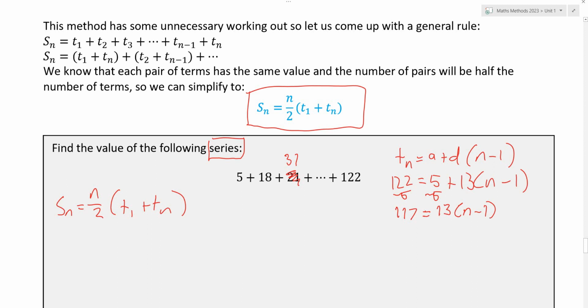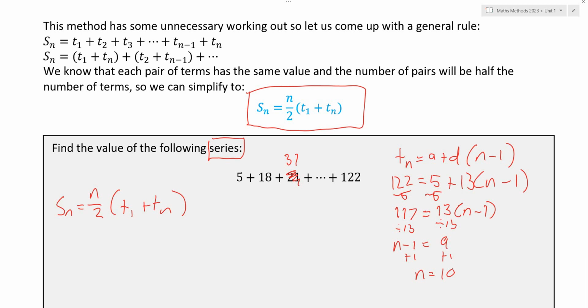From there, divide both sides by 13. What's 117 divided by 13, guys? 9. And then just plus 1 to both sides. n equals 10.